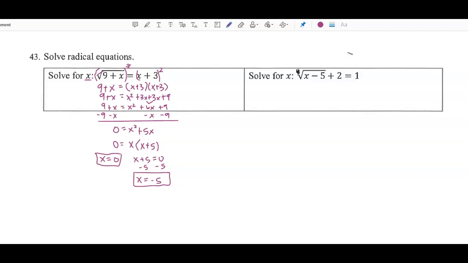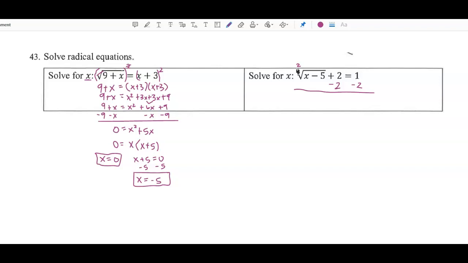But let's see, if we had something like this next one on there, let's try this. So if we subtract that 2 over, and let's just say this is a square root. It showed a third root, but we didn't talk about solving anything with third roots, which isn't going to show up on the final, so you don't have to worry about that.